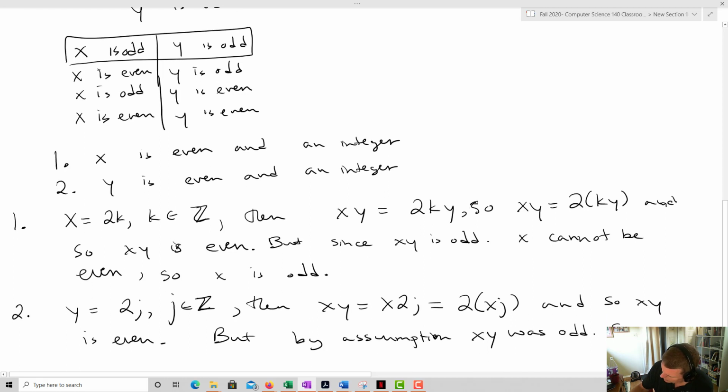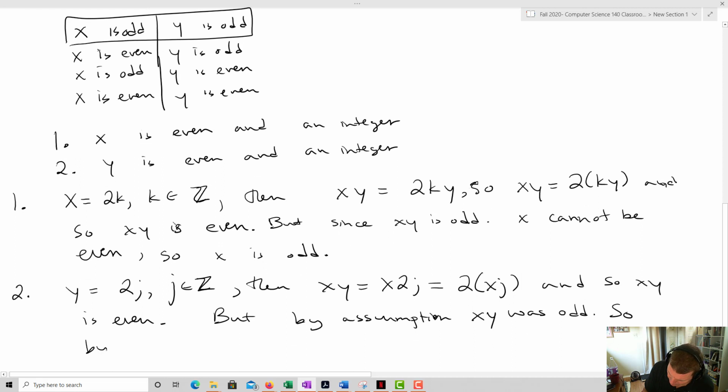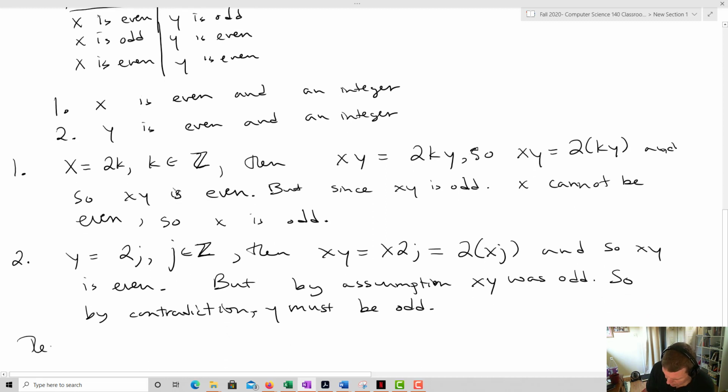So that means by contradiction, y must be odd. And that exhausts all of our cases. Therefore, if xy is odd, then x must be odd and y must be odd.